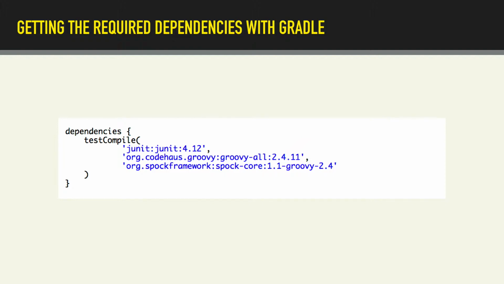JUnit is a framework that allows us to write automated tests with Java programming language. 2. Groovy All version 2.4.11. Groovy is a dynamic programming language for the JVM. And 3. Spock Core version 1.1-groovy-2.4. Spock is a testing and specification framework for Java and Groovy applications.